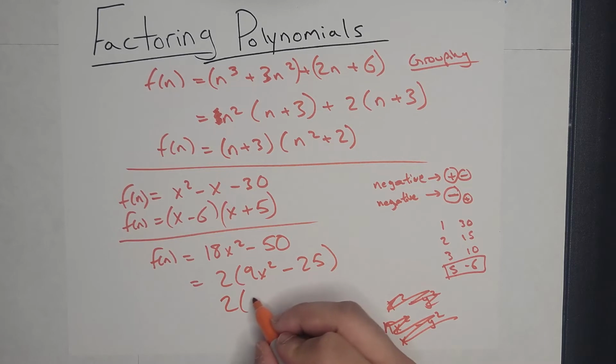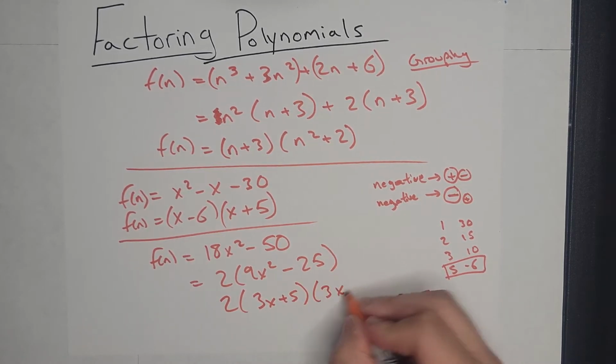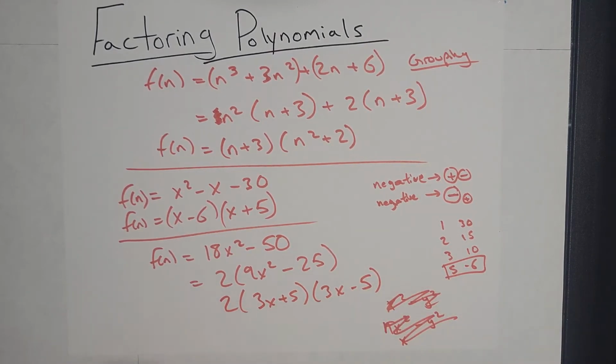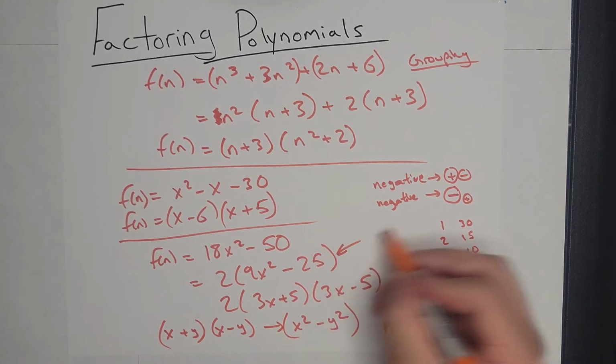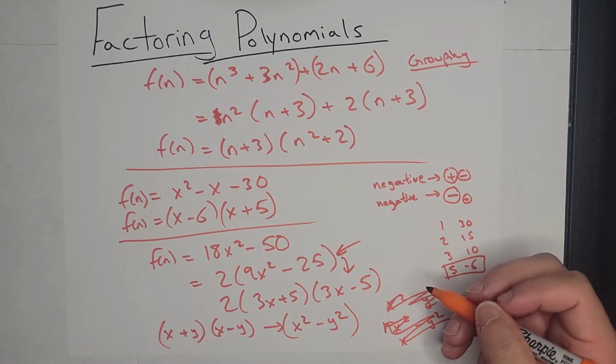But this eventually will become 3x plus 5, 3x minus 5. Understanding this, we'll be able to look at something like that and quickly go down into that. So that's something important to have.